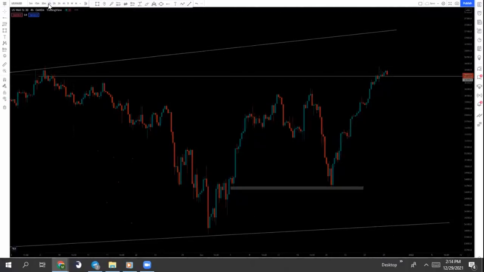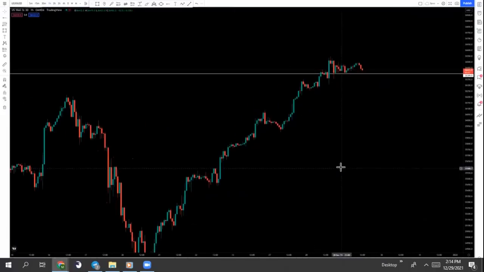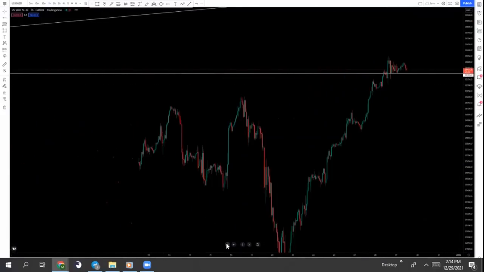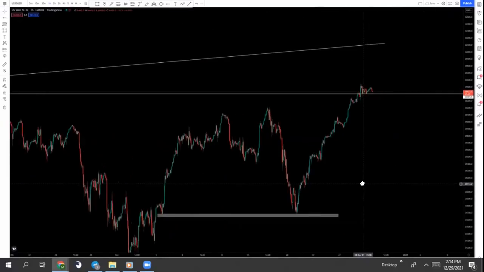So from the 4 hour, we're gonna go to the 1 hour. But as we go to the 1 hour, something interesting is happening. It might be a trap. Hear me, it might be a trap, because those who are trading support and resistance are like, yo, it's a break. Guys, the market will humble you.